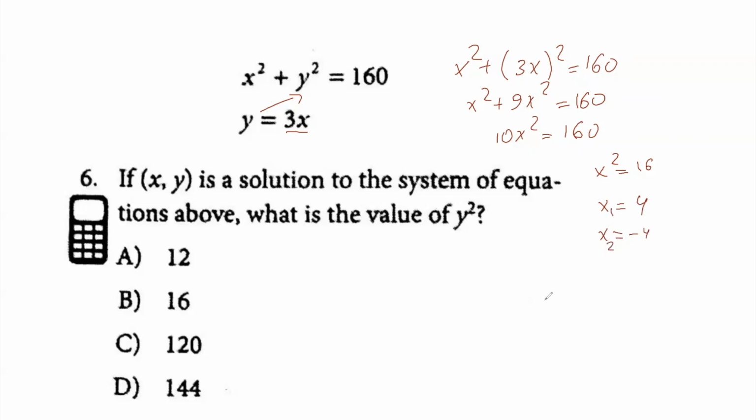Look, y is 3x. They ask for y squared. y squared is 3x squared, that is 9x squared. It doesn't matter whether x is 4 or minus 4, the square will be 16. The answer is 144.